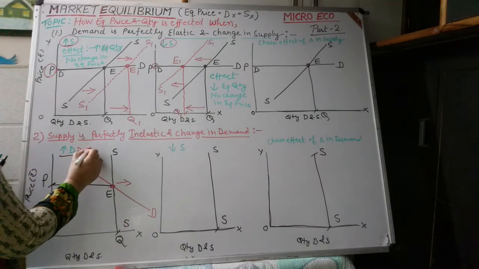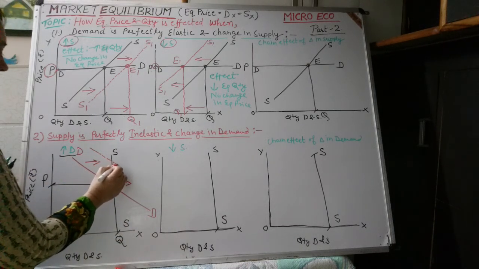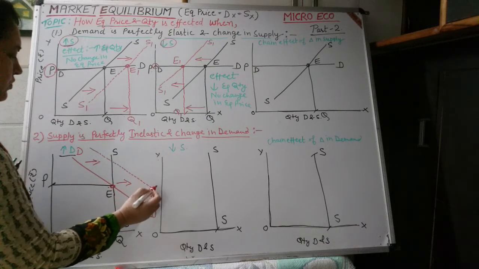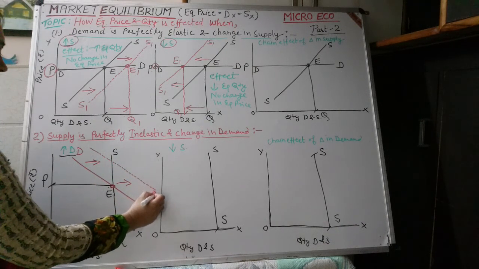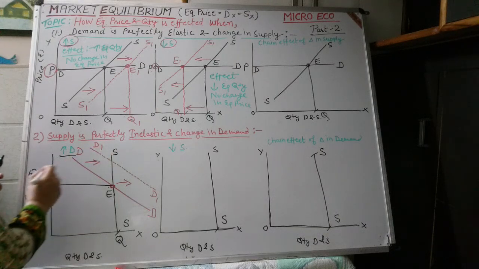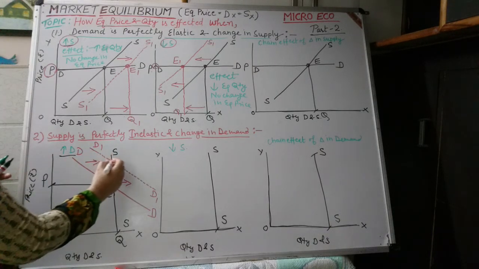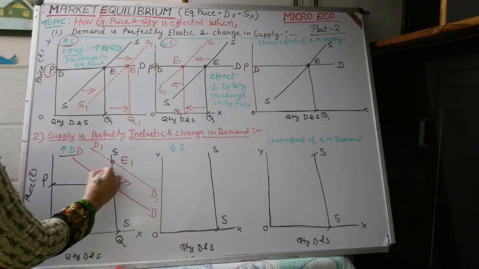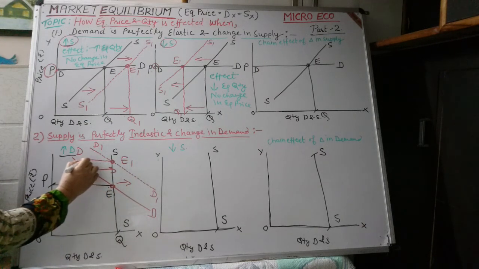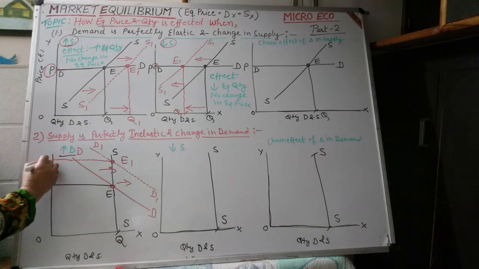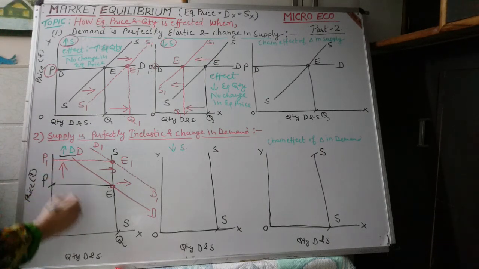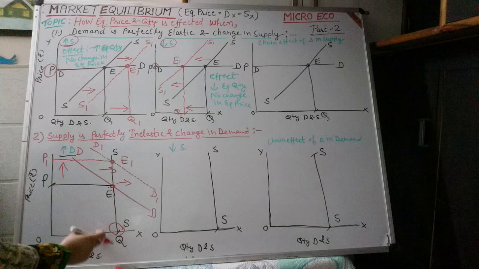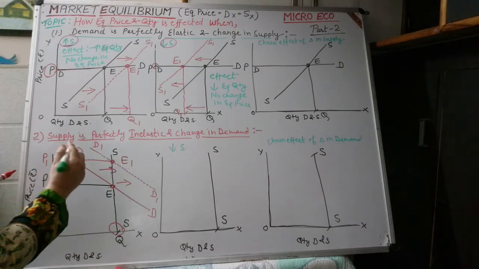Now due to the increase in demand, the DD demand curve will shift towards the right-hand side from DD to D1 D1. The new equilibrium point will be E1. The new equilibrium price will be P1, the equilibrium price will increase, rather equilibrium quantity will remain the same as it is.